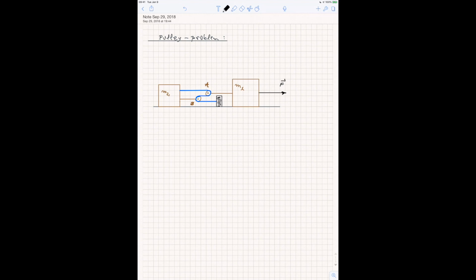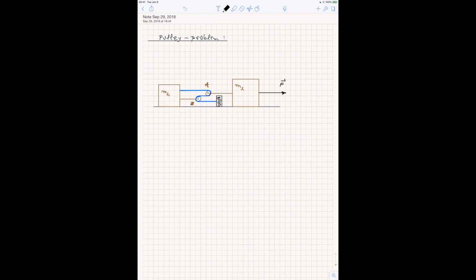So now the force F is attached only to mass m1. The mass m2 by itself is attached, with a fixed length, to pulley A. Around pulley A is now a rope attached on the top to mass m2, wrapped around pulley A, going around pulley B, and then attached to this black fixed anchor point here.